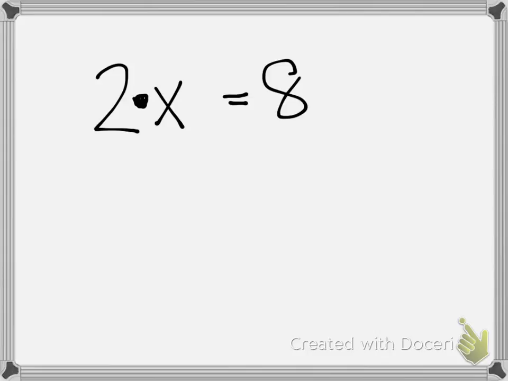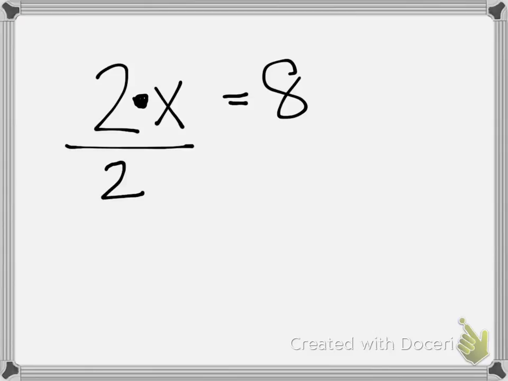Mathematicians typically don't write the multiplication sign. The inverse operation, or the opposite operation of multiply, is divide. So to get rid of something that's being multiplied, we're going to divide.